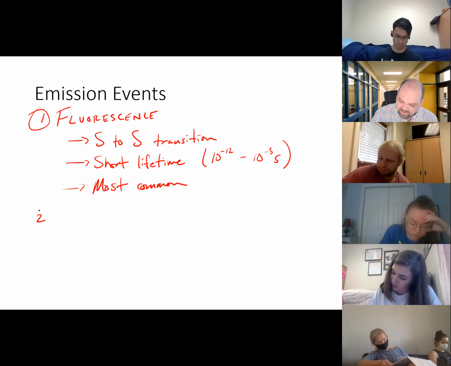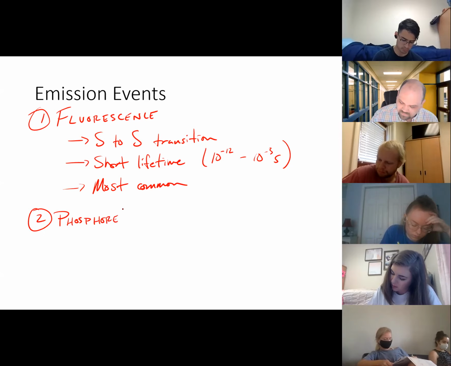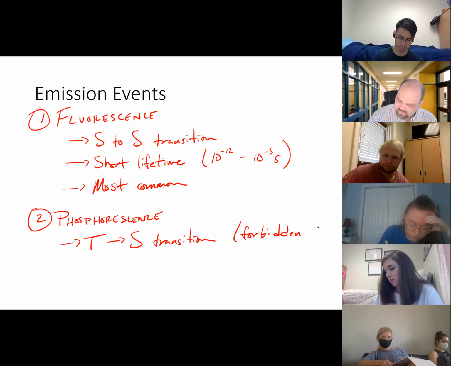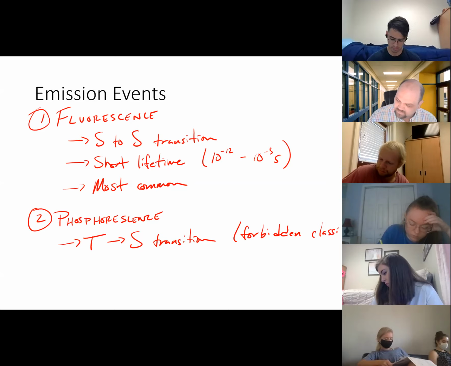Right? The second is phosphorescence. Right? This is from a triplet to a singlet. And remember that this is forbidden. Classically. Okay.